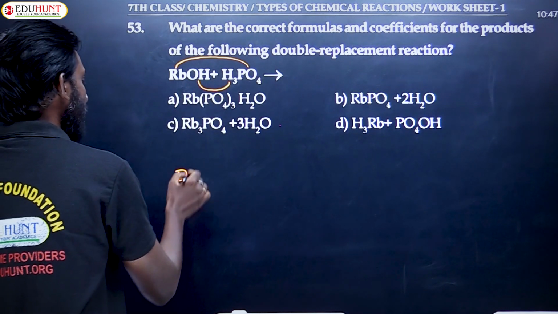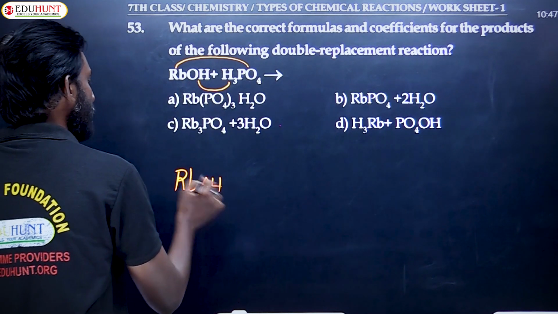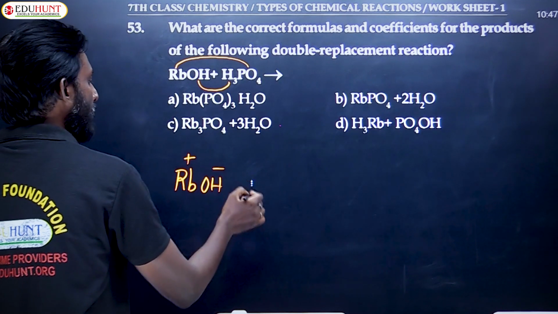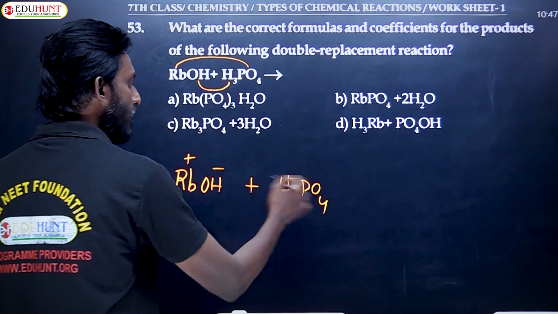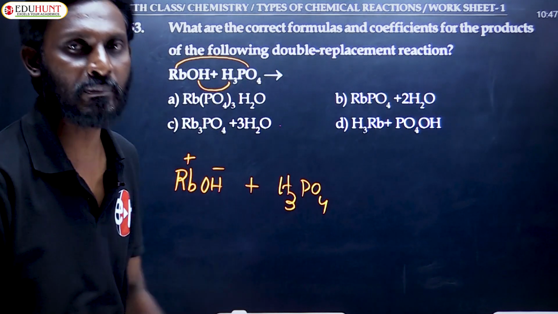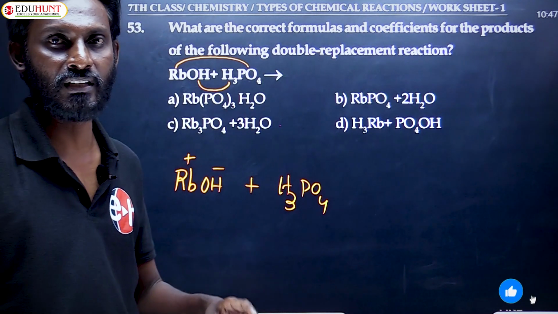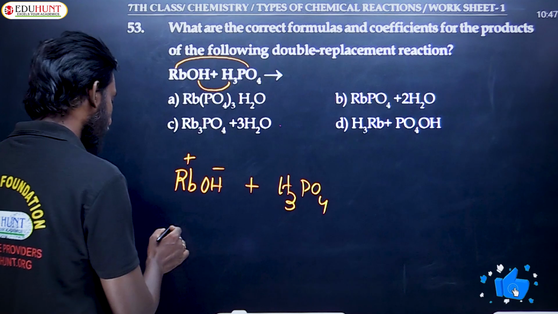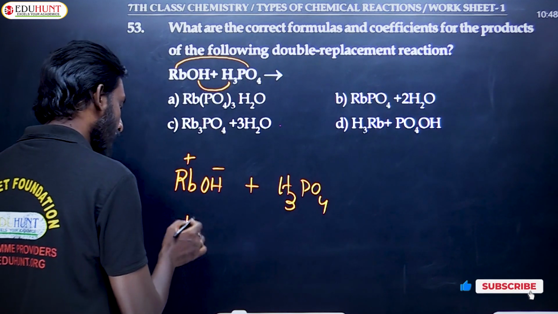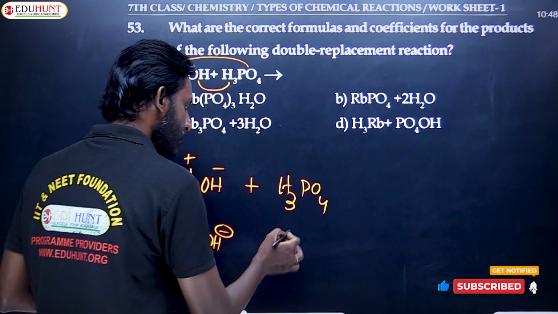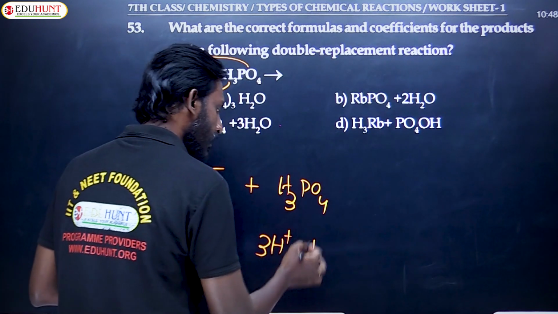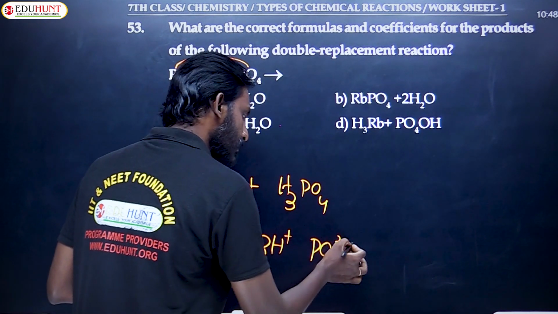See, rubidium hydroxide is the base we are taking, Rb plus OH minus, and H3PO4. If you want to understand which ions are interchanging here, you have to break down into ions in your imagination. Rb plus, OH minus, 3H plus, and PO4 3 minus.